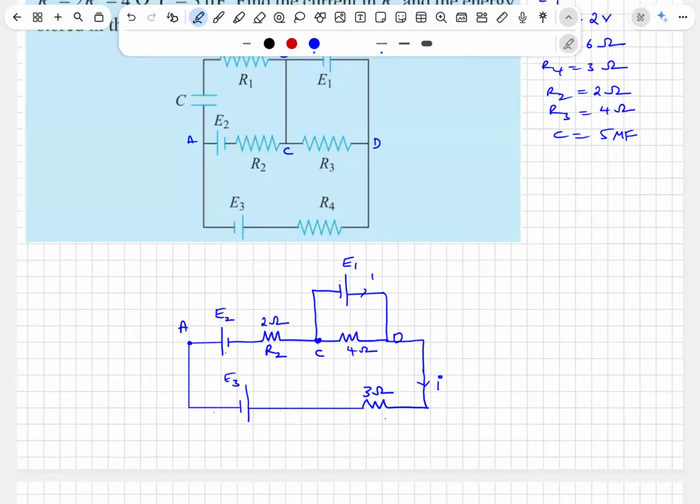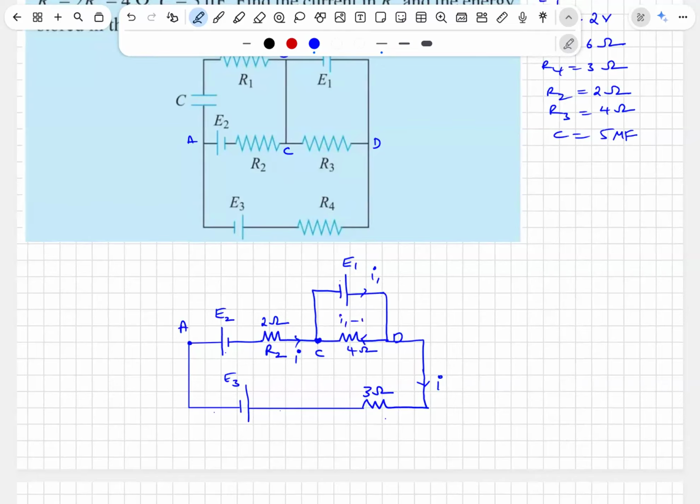And this is some I1. And again, this is I. So what is going to be the current in this?